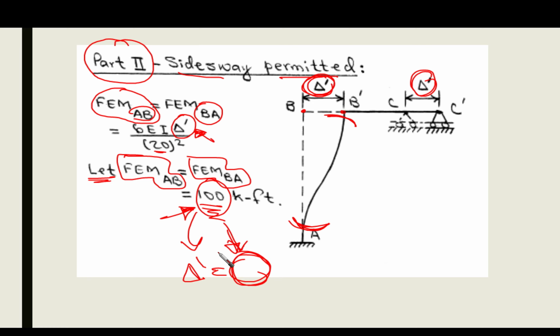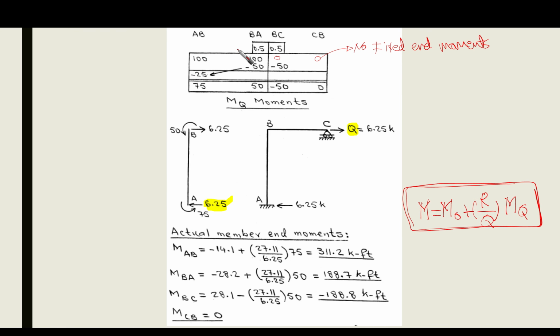Now let's go to the second part, which is the moment distribution. The first step in the moment distribution is the distribution factors, 0.5 and 0.5, the same as the previous part. Here, the fixed end moments, which we have assumed, AB and BA are the same, 100 and 100.